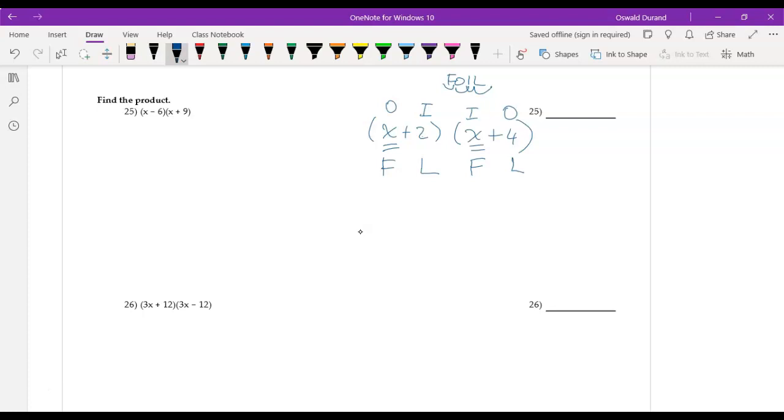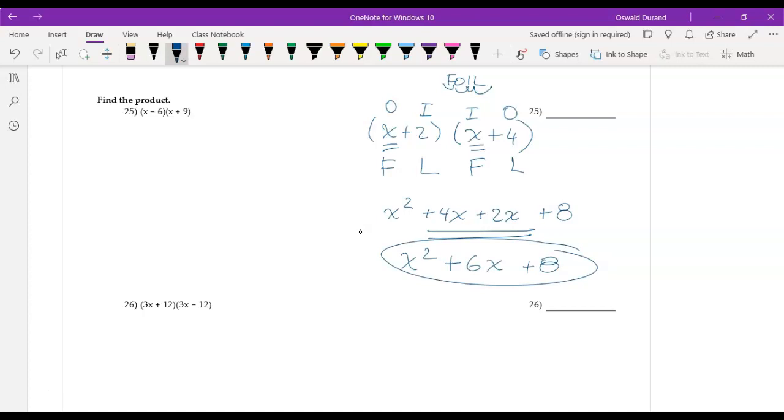You get x times x, x squared. The x times the positive 4 is plus 4x. The 2 times the x for the inner is positive 2x. And then the positive 2 times the positive 4 is positive 8. And then you simplify the middle term here, the 4x and 2x, and you get x squared plus 6x plus 8.